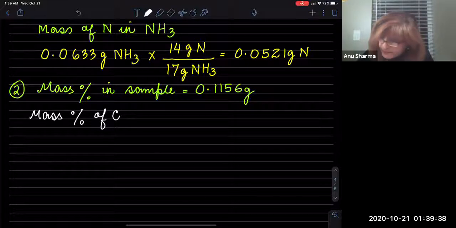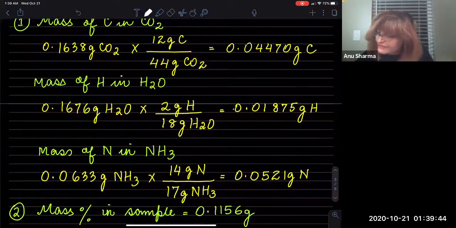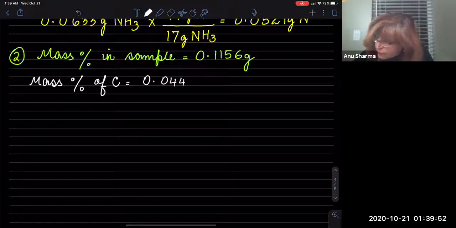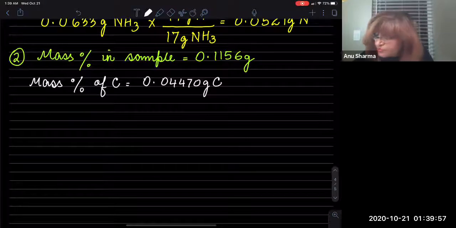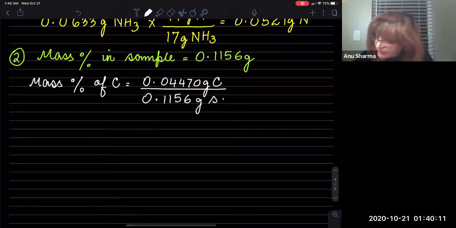We obtained 0.4470 grams of carbon. So 0.4470 grams of carbon is present in 0.1156 grams of that sample. And since it's a percentage, times 100%.